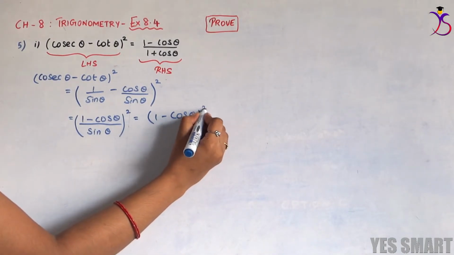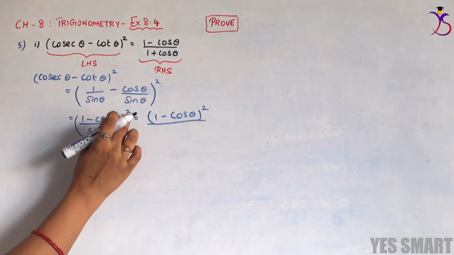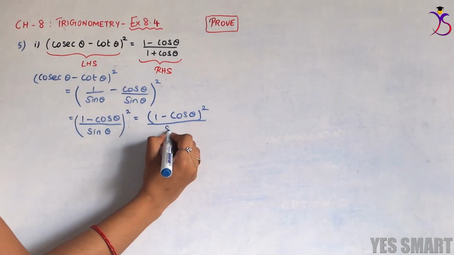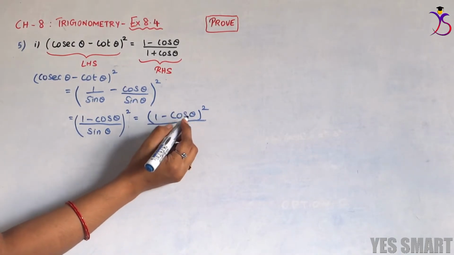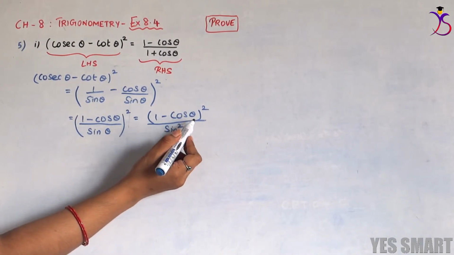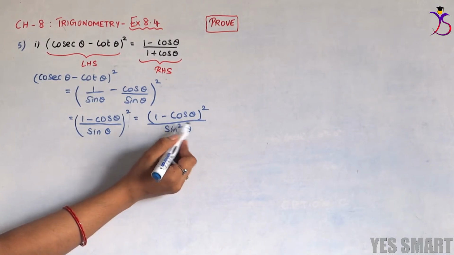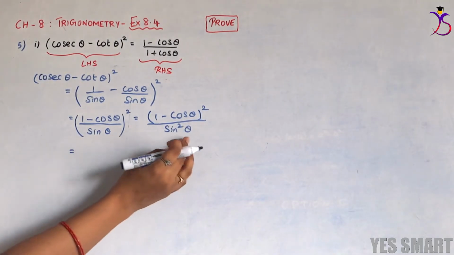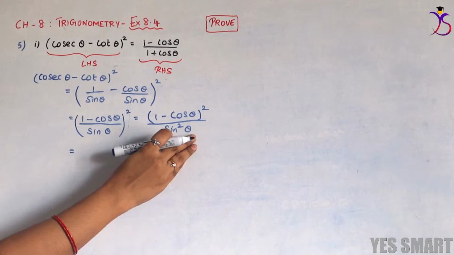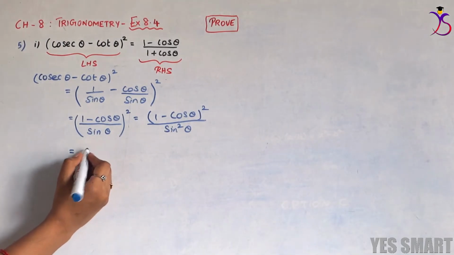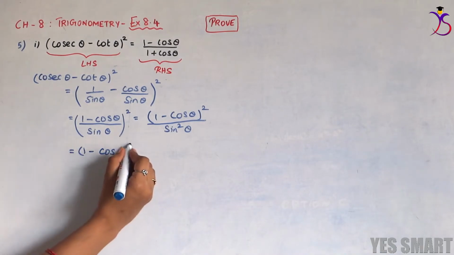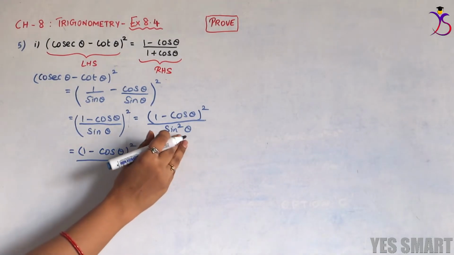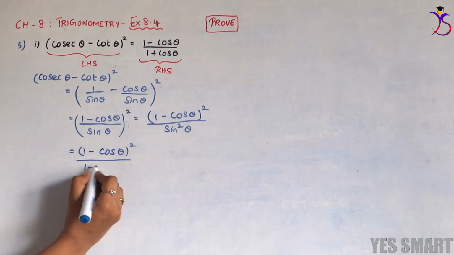Now I'm just splitting the numerator and denominator and their squares. Therefore it becomes (1 minus cos theta) the whole square divided by sin square theta. Now this sin square theta can be reformatted. I'm keeping the numerator as it is and reformatting sin square theta as 1 minus cos square theta.